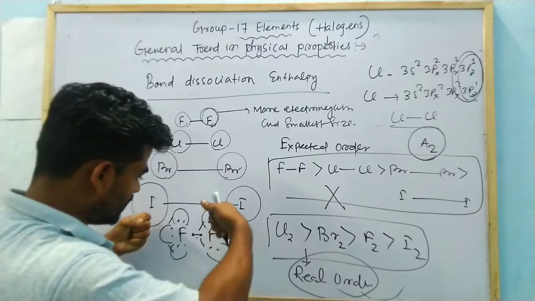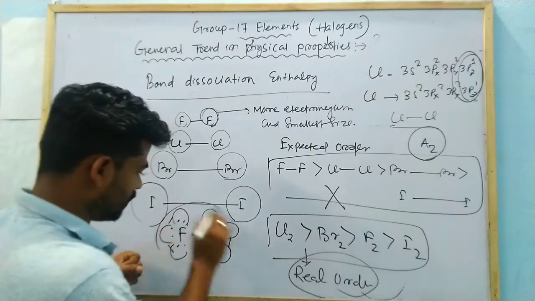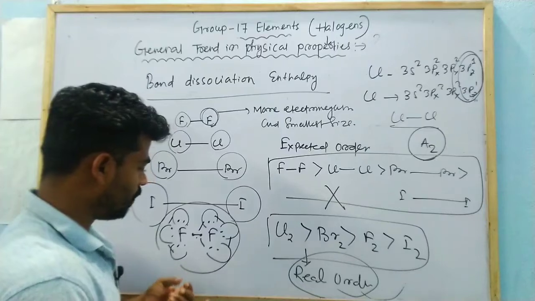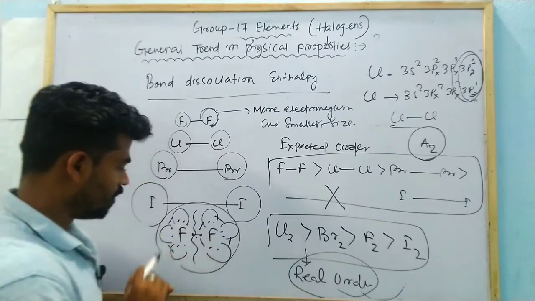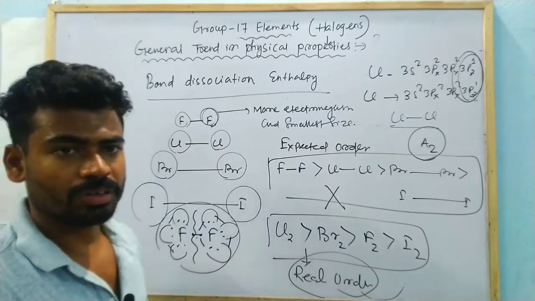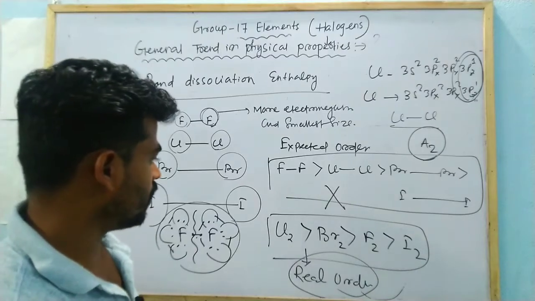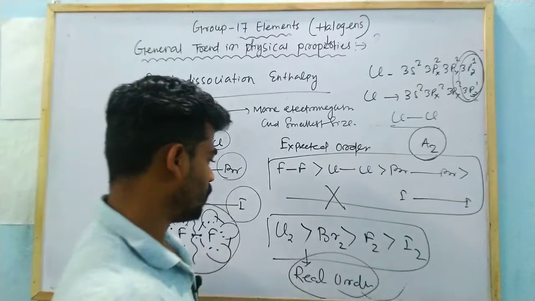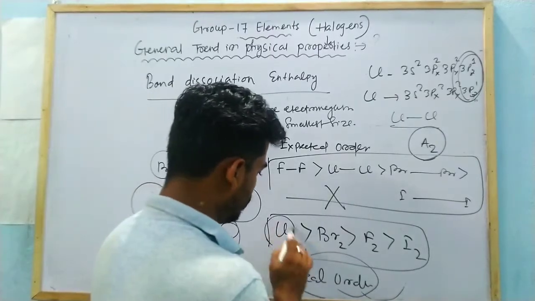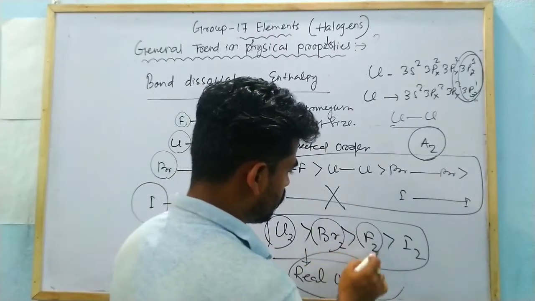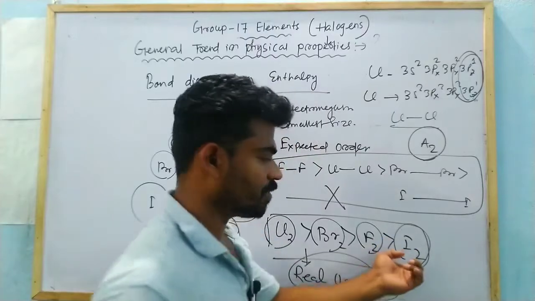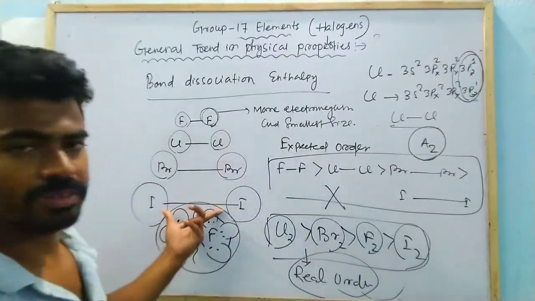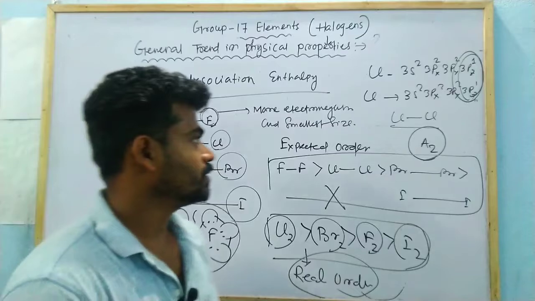If there is electronic repulsion, the system is quite unstable and requires a minimum amount of energy for the cleavage of this covalent bond. That's why there is this exceptional case: the bond dissociation enthalpy of Cl2 is highest, then bromine, then fluorine, then iodine, because in the case of iodine, size predominates. Okay, fine.